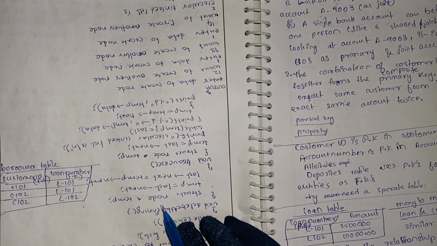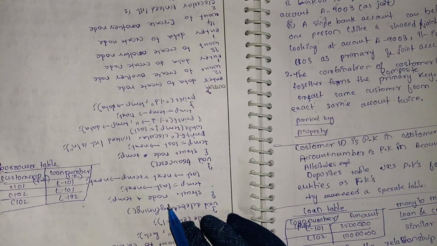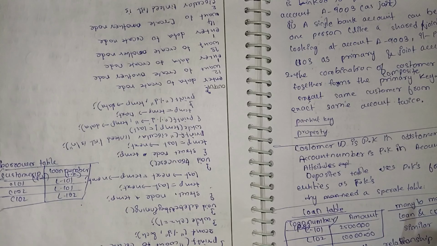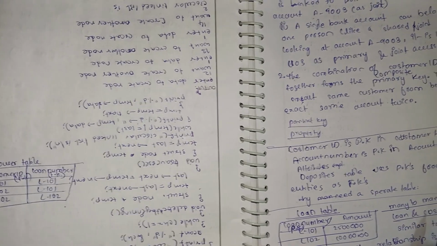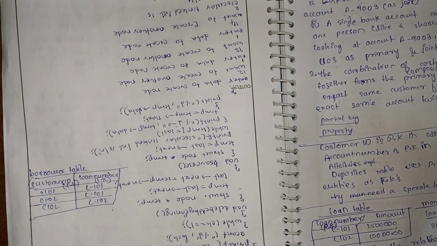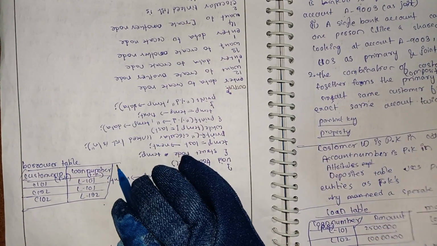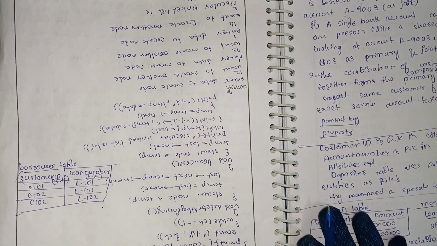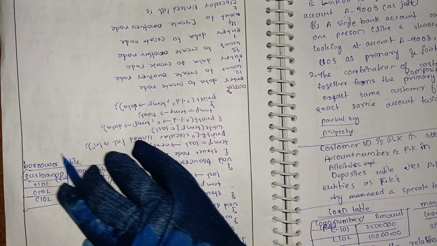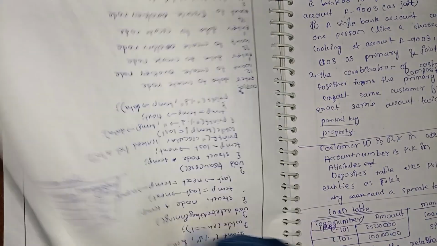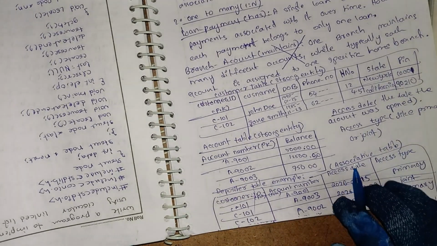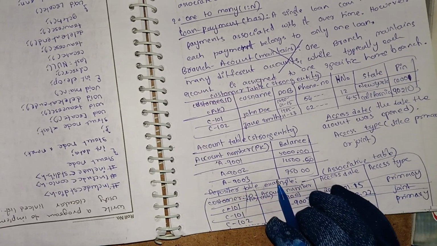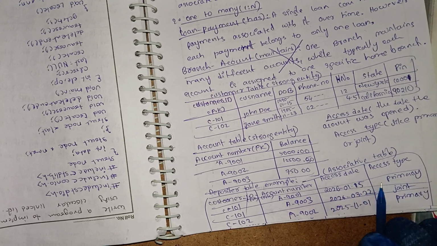Here you can observe a difference between the first example, the customer and account relationship, and this loan and customer relationship. The output table here does not contain any extra attributes, because we are only considering the relationship. In the first example we considered an associative entity, depositor, which contains its own attributes.